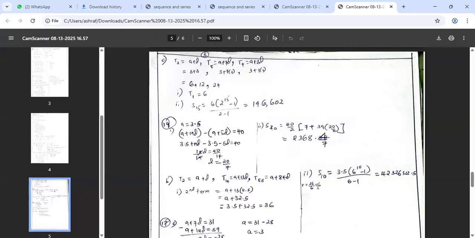So we're getting R as 6. Then we substitute into the formula. So S10 will be 6, it's not 3.5, you change it to 6, into 6 power 10 minus 1 over 6 minus 1. Then you work out and get the sum.